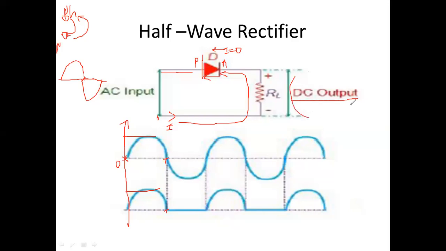Obviously, the output voltage will become zero. So for that reason only, it will not conduct for the negative half cycle. The output voltage or current, whatever it may be, will become zero. The output is zero, we are going to call that here.